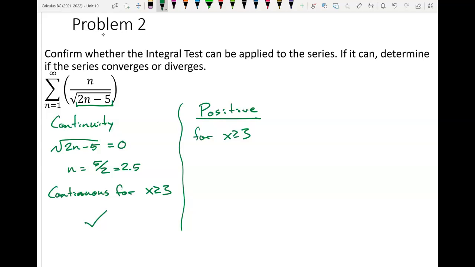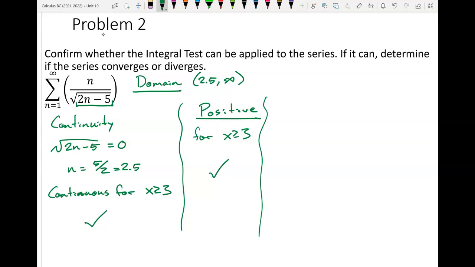And a square root can't be negative. The actual domain for this function is 2.5 and beyond, right? We can't have any values less than 2.5 because then we would have a negative inside our square root and that wouldn't work. So it is positive for all values greater than or equal to 3.